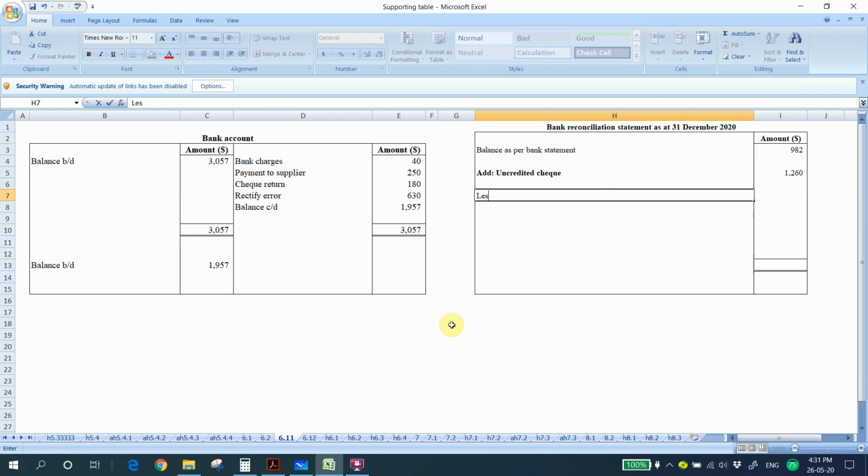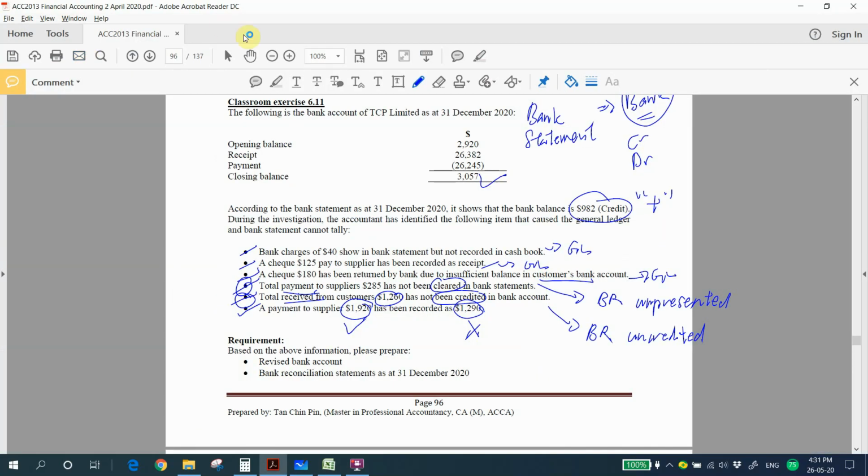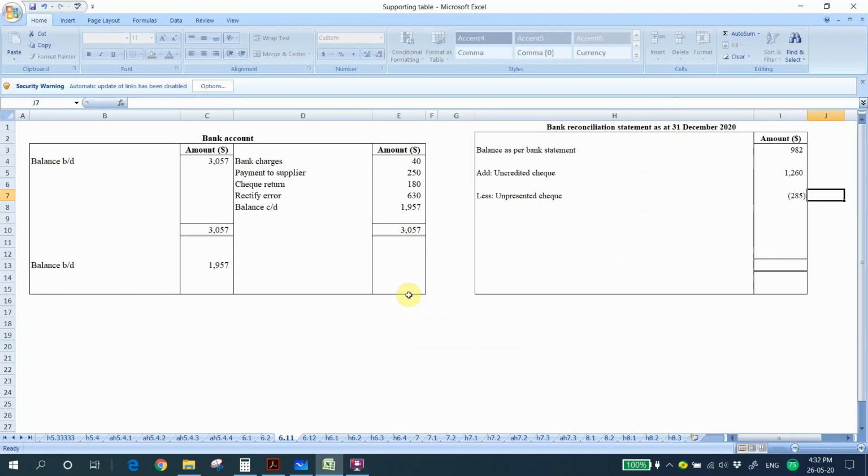Next, we have to less unpresented check. The value of your unpresented check is 285. So we minus 285 here.